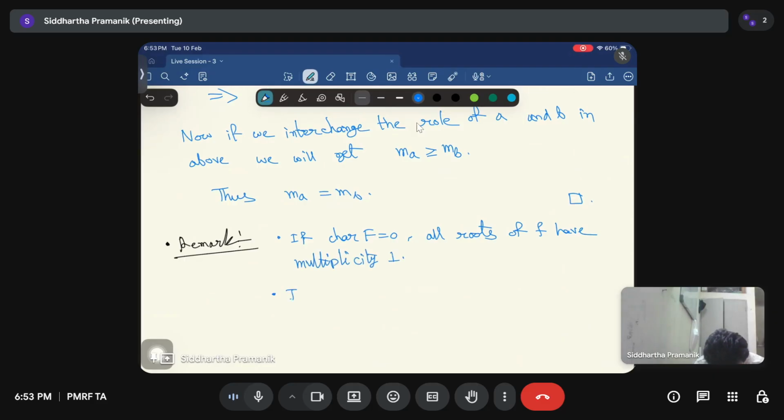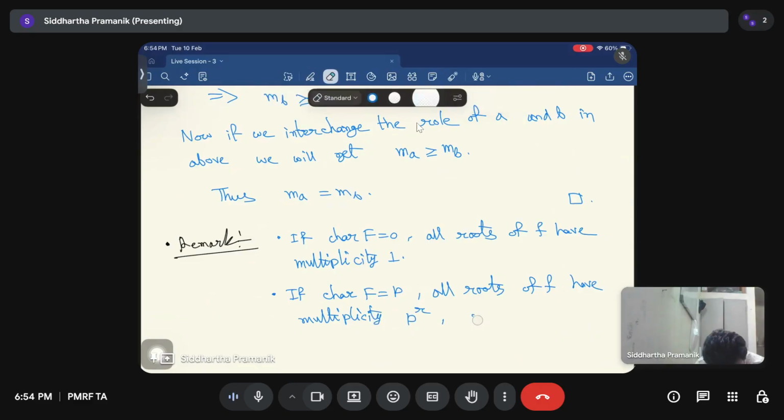And if the characteristic is p, then all roots of f have multiplicity some p power r, where r is non-negative.